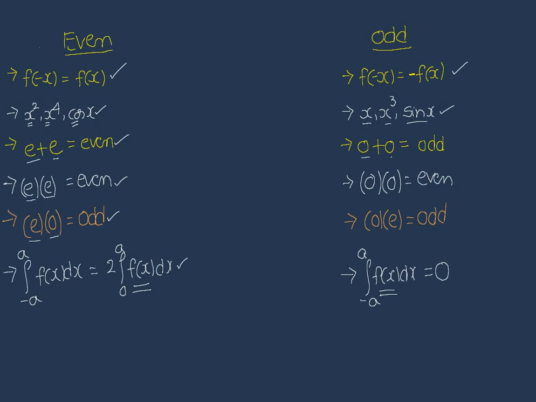Odd function plus an odd function, summation of two odd functions is again an odd function. Product of two odd functions is an even function. Product of odd and even functions is an odd function, and integration minus a to a f of x dx, if the f of x is an odd function, the value you are going to get is 0. Okay.